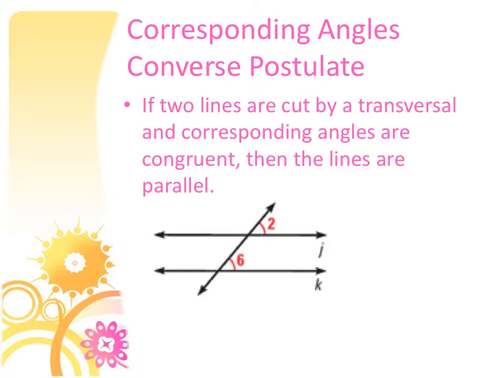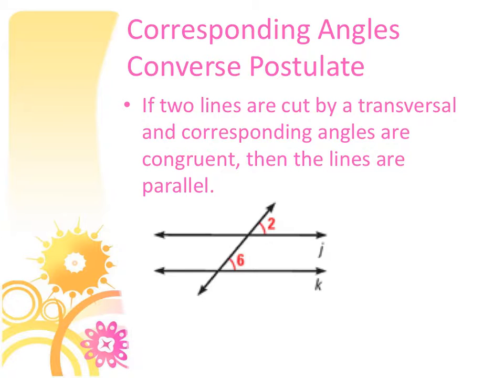So before in lesson 2, they started out the statement by if the lines are parallel and cut by a transversal, then corresponding angles are congruent. So now this is the converse. So as soon as we can see that these are congruent angles because they're corresponding, we can prove that lines J and K are parallel.